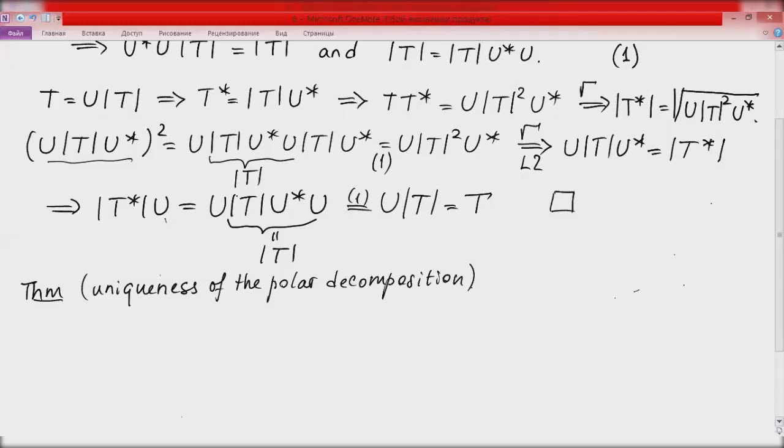So we suppose that T is a bounded linear operator between two Hilbert spaces, H1 and H2. And let's consider its polar decompositions.